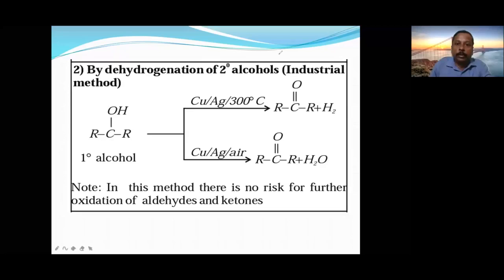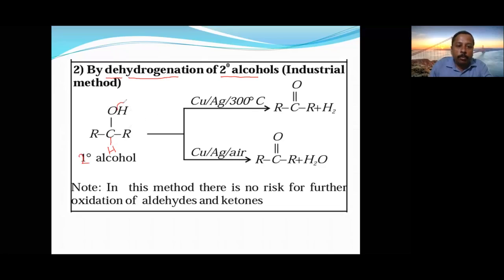Okay, in the second preparation we have dehydrogenation. D means removal; hydrogen is removed from the alcohol. Here also the same. This is a print mistake: this is a 2 degree alcohol.